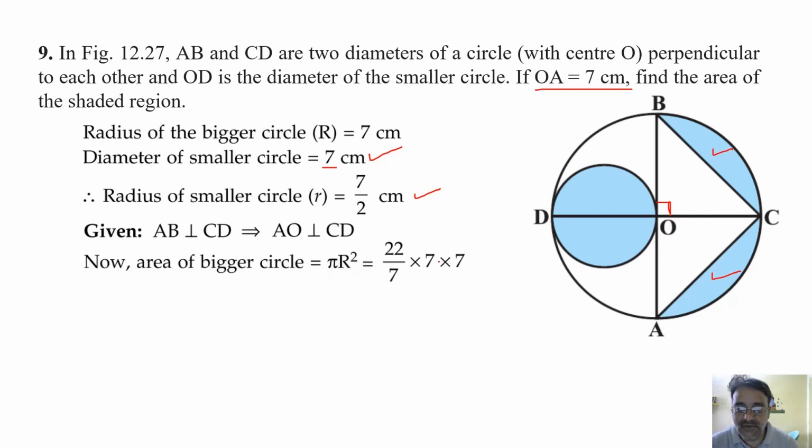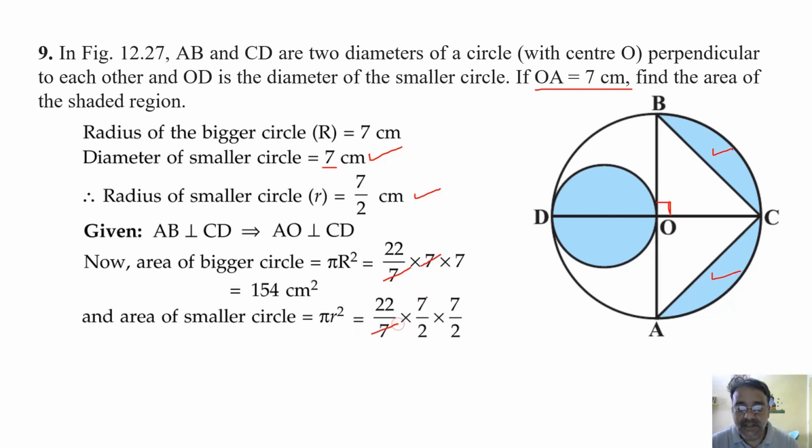Now area of bigger circle, that is pi capital R square, it will be equals to 22 by 7 into 7 into 7. So ये दोनों 7 cancel हो जाएगा, okay, and we'll get 154 centimeter square. Now area of smaller circle will be equals to pi small r square. So 22 by 7 into 7 by 2 into 7 by 2, 1 7 will be cancel और 22 को 2 से cancel कर लेंगे, 77 by 2, that is equals to 38.5 centimeter square.